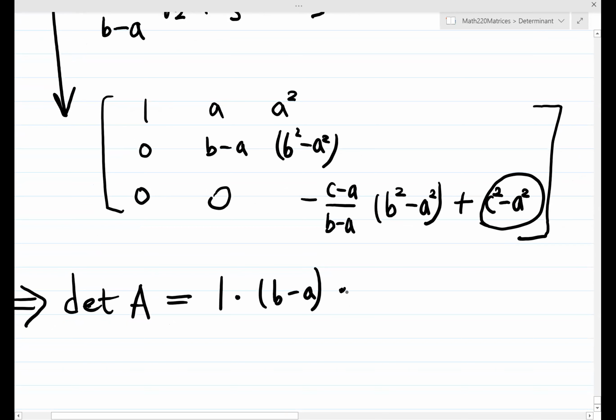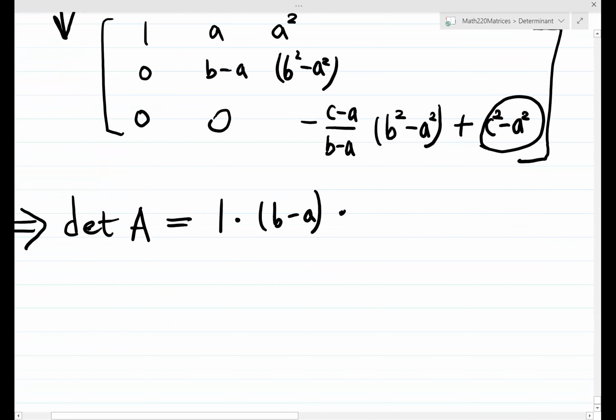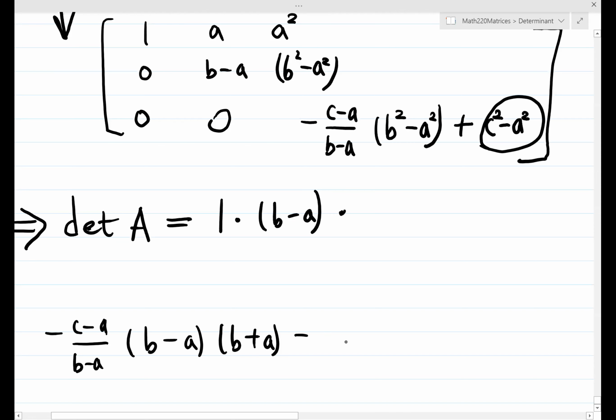So use the difference of 2 perfect squares formula. So c minus a over b minus a times b squared minus a squared, where b squared minus a squared is b minus a times b plus a, plus c minus a times c plus a. Difference of 2 perfect squares. So you cancel the denominator.